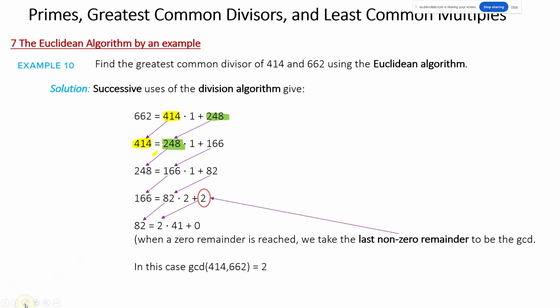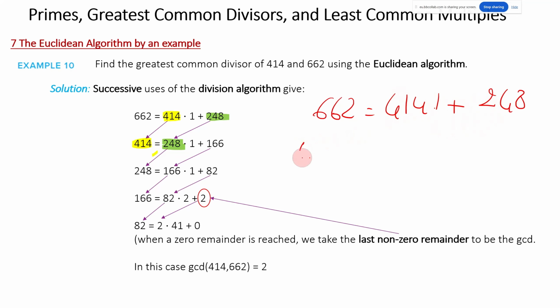So this one I'm going to divide: 662 is equal to 414 multiplied by 1, because I'm trying to divide by some number that leaves a remainder. The remainder obviously should be smaller than what I'm dividing by. I cannot multiply by 2 because that's not going to be possible, so the 1 is the multiplier.